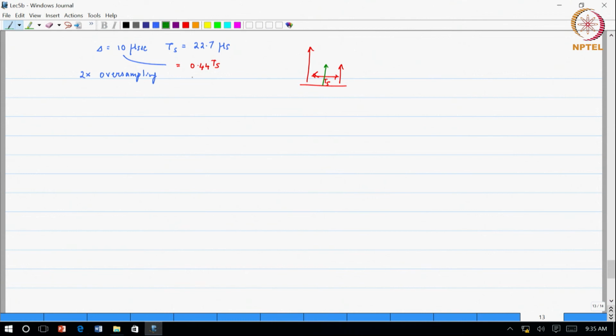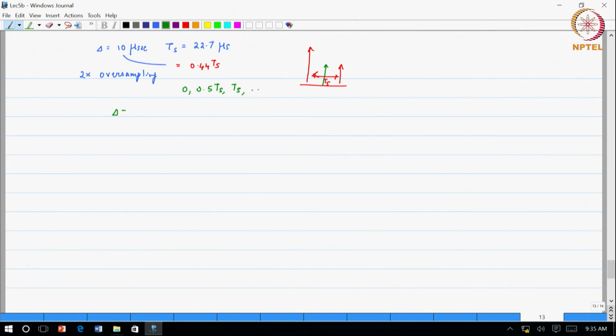2x oversampling means that I can reduce the spacing, so I will get samples every 0.5 TS. Basically I have increased the sampling rate by a factor of 2. I want to get 0.44 TS delay. I can't get 0.44; the best that I can do is approximate it.